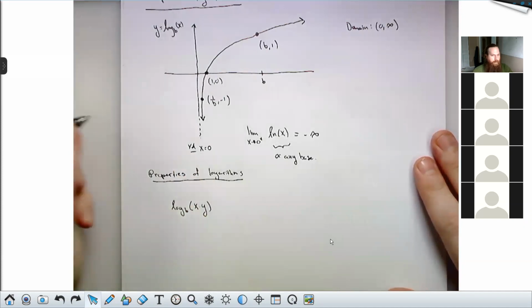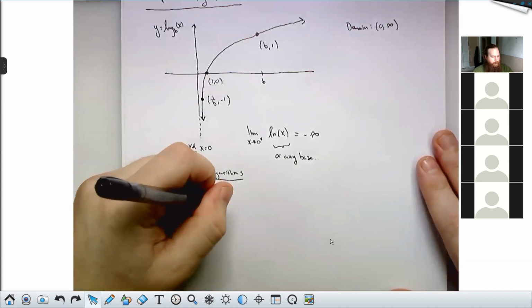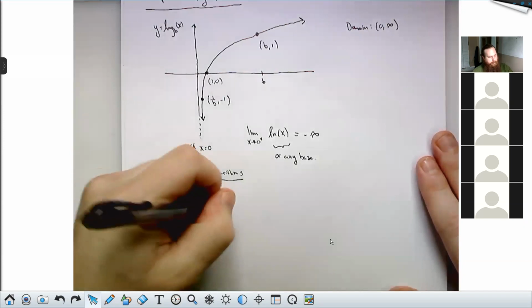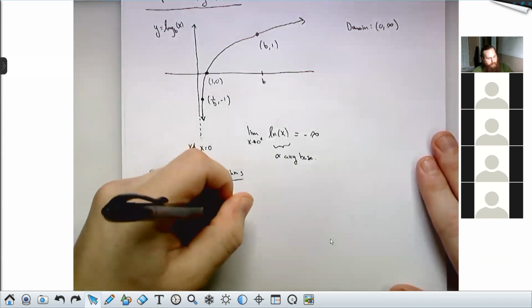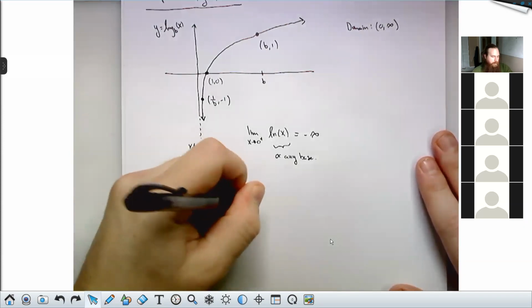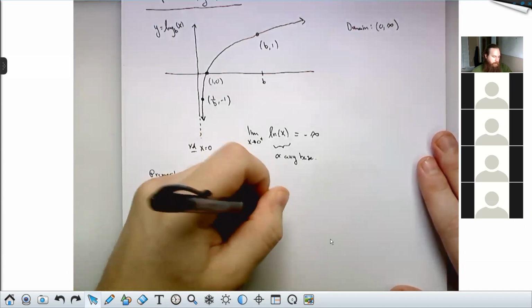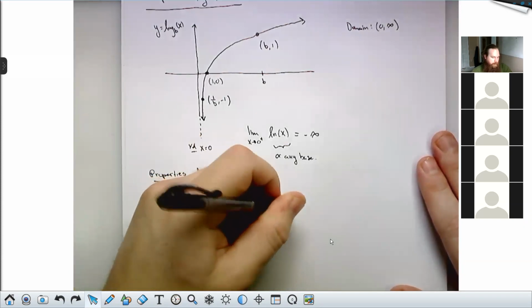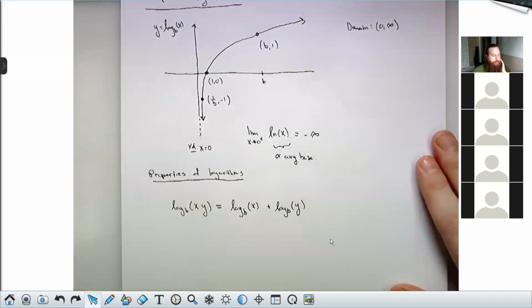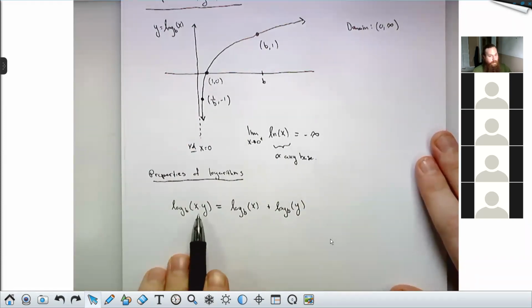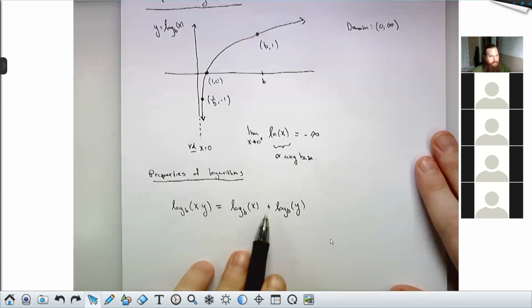If you have a logarithm of any base with a product inside, that is the sum of the logarithms of the first thing and the second thing. So multiplication inside a log is the same as addition outside the log.